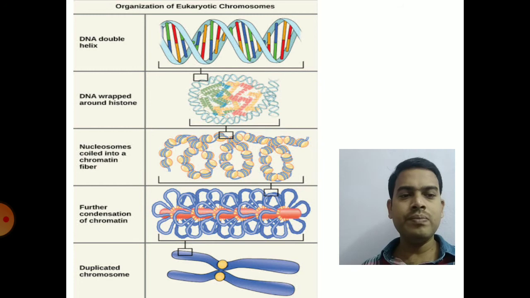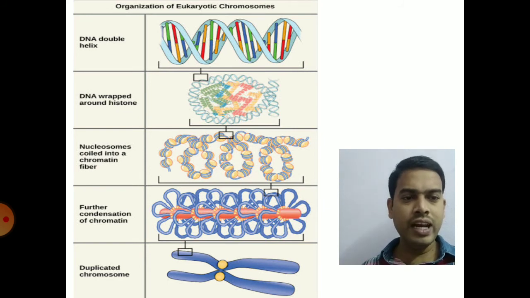Nucleosome organization, with further compaction, will lead to chromatin fiber, and further condensation of this chromatin fiber will give the entire structure of the chromosome. So eukaryotic chromosomes contain DNA plus histones.